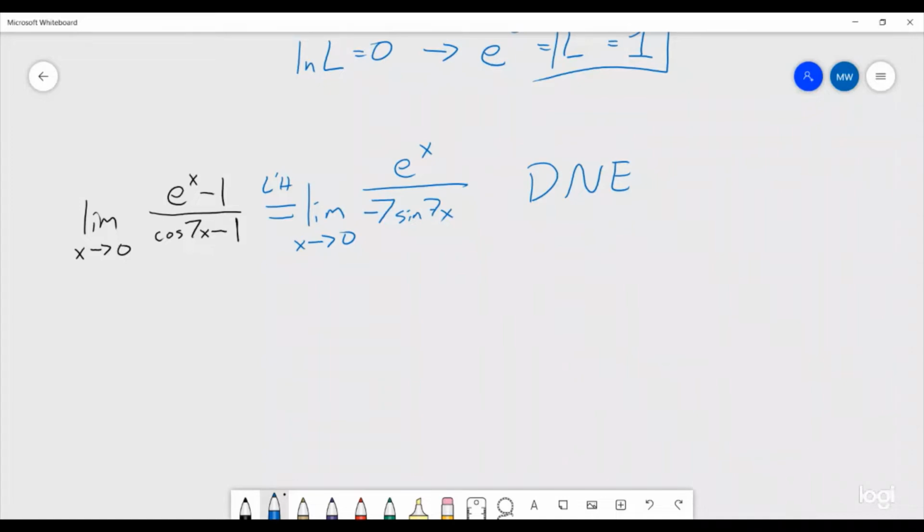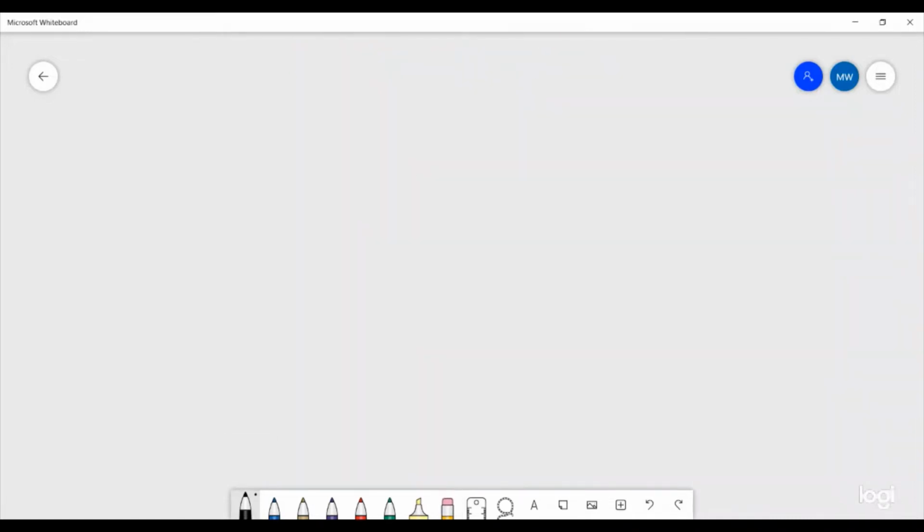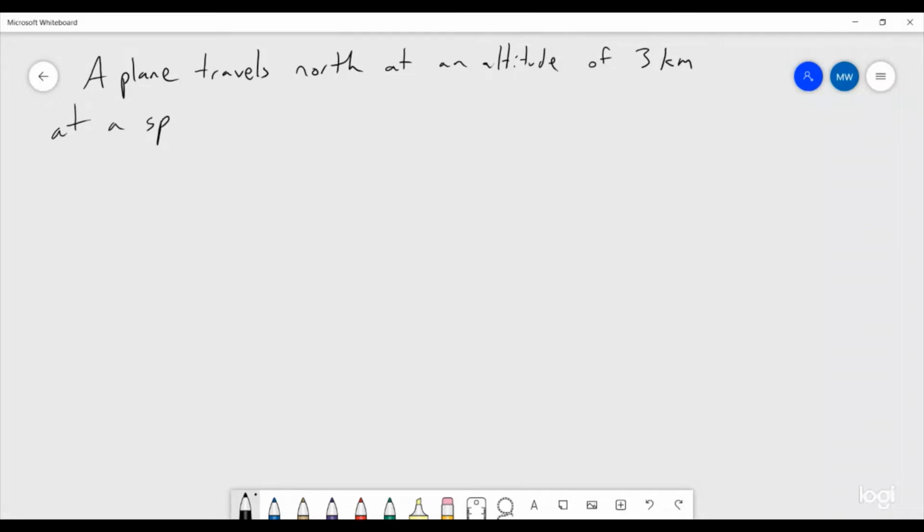Okay, now that we've done a bunch of L'Hopital rule problems, let's do some optimization problems. So here is an optimization problem. We have a plane that travels north at an altitude of 3 kilometers, and it's traveling at a speed of 800 kilometers an hour.